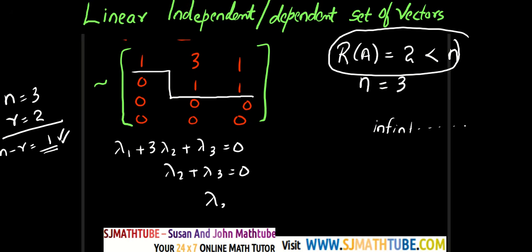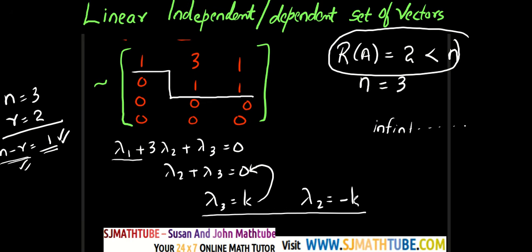I'm going to set lambda 3 equal to k, because I already told you one unknown can be taken as any arbitrary constant. Using this value, I get lambda 2 equal to minus k. Using these two values in the first equation, we get lambda 1 minus 3k plus k equal to 0, so lambda 1 will be 2k.